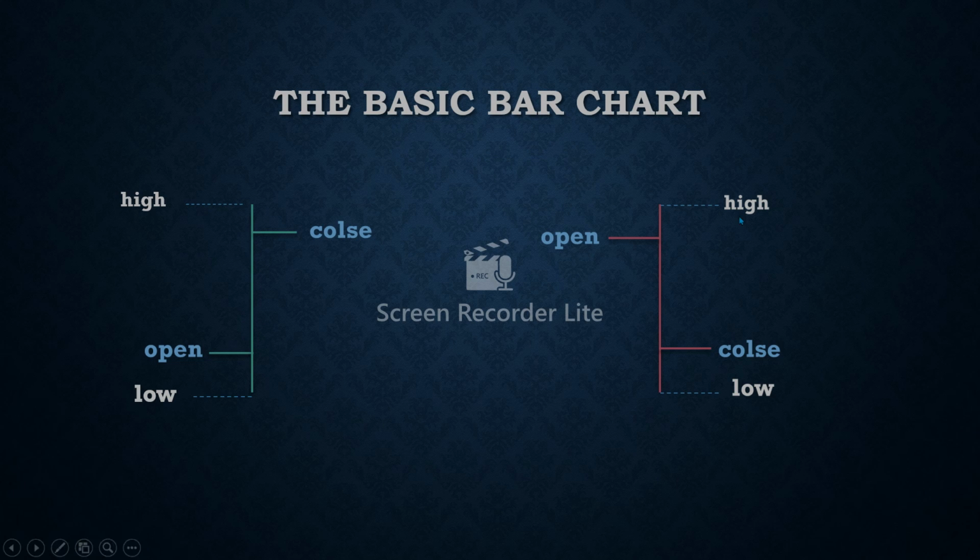But in a bearish candle, open is this, price goes down, and this is close. Now this is a bearish or red candle. In this, high is the top price, low is the bottom price, and open and close are the most exciting information in this candle.